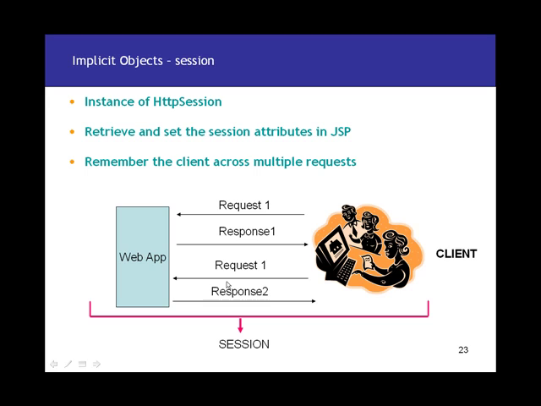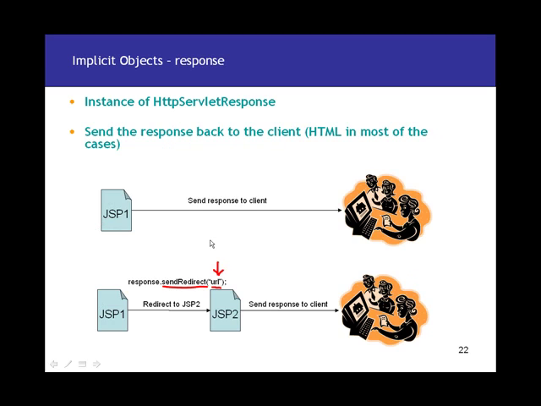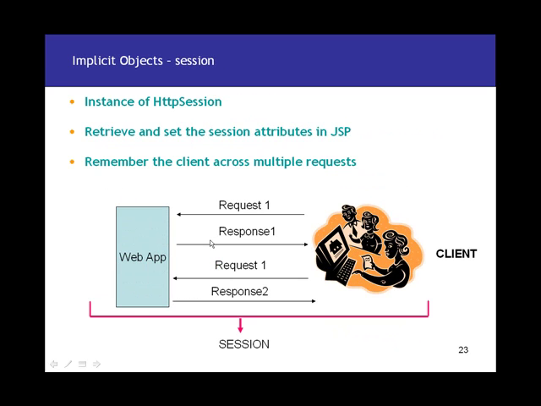Next, session. When we talked about data sharing in request, we said that since this value of A is only being used in this JSP and nowhere else, I'm going to set this attribute A at the request scope. Okay, so now let's say that I want that value of A to be printed multiple times in different JSP pages in my application.